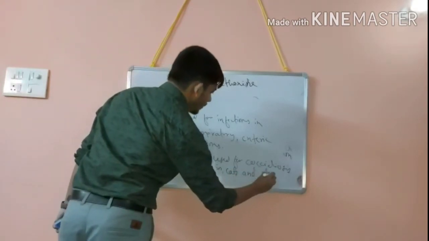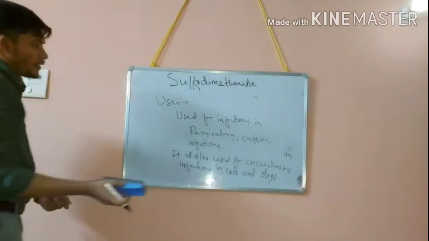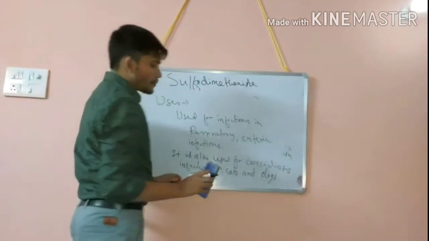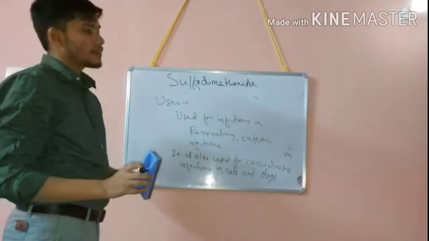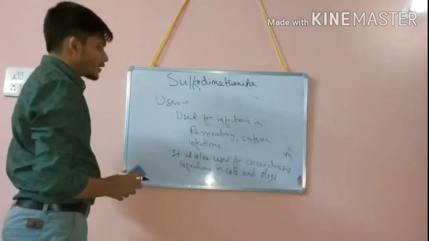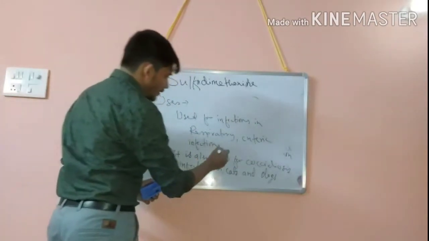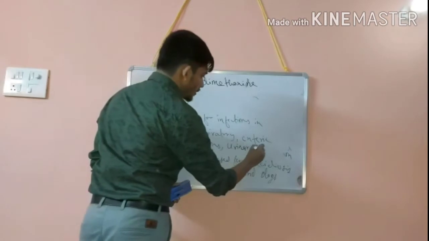So it is quite widely available for veterinary use. So these are some uses. You have to remember that this sulfadimethoxine is also a long-acting sulfonamide, and it is mainly used for respiratory and enteric infections. Then also another use is urinary tract infection.